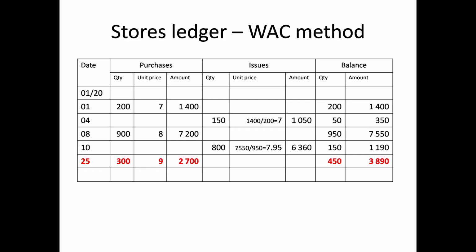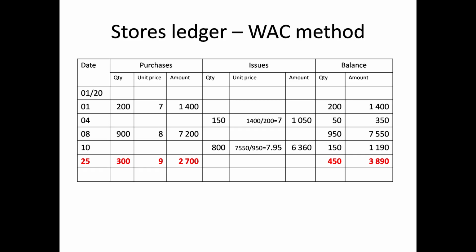Now update the balance. 150 plus 300, 450 quantity. Amount 1190 plus 2700, it's 3890. Now go to the next transaction.